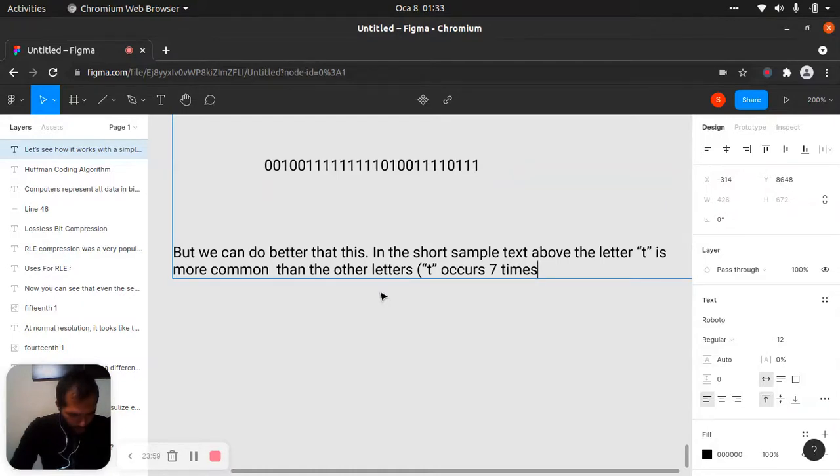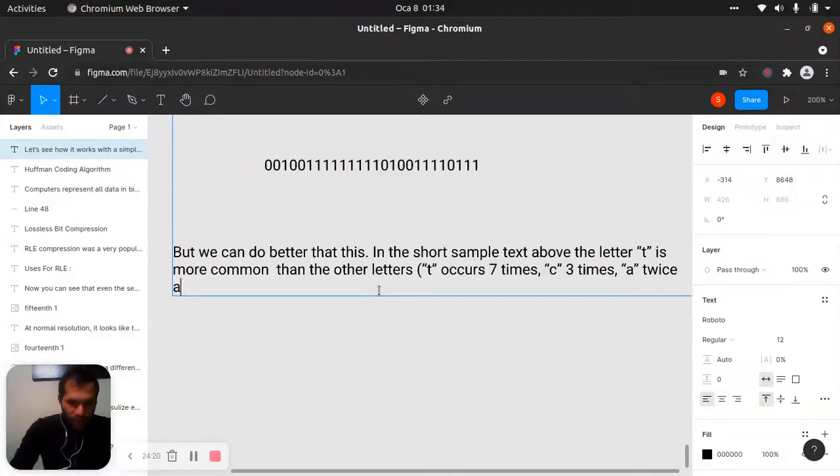T occurs 7 times. C occurs, I mean, twice, and G is just once, right?